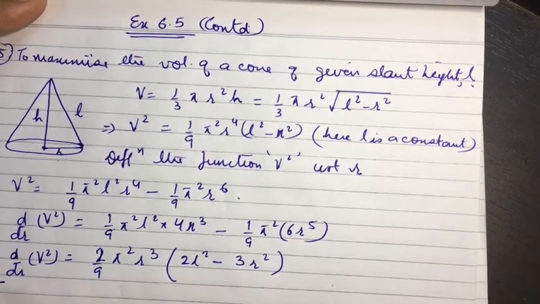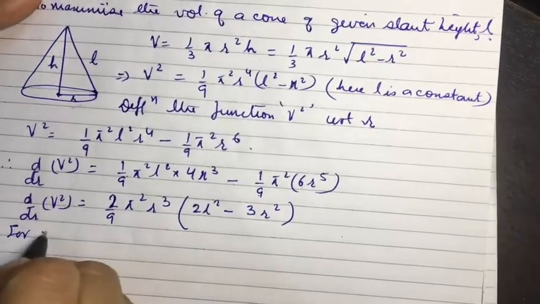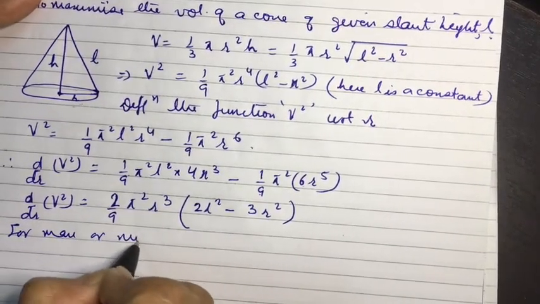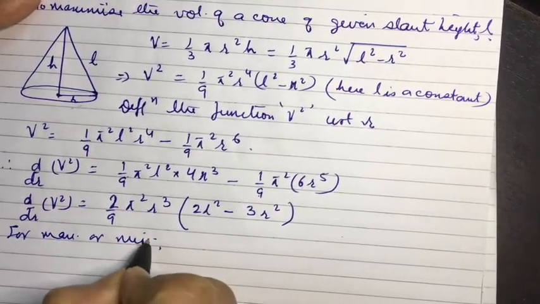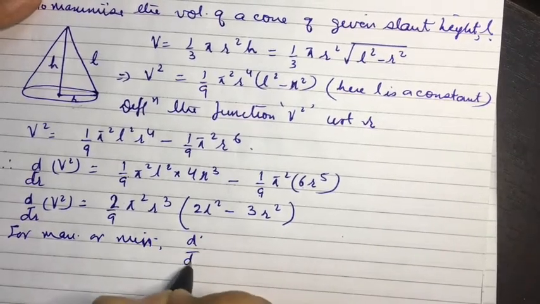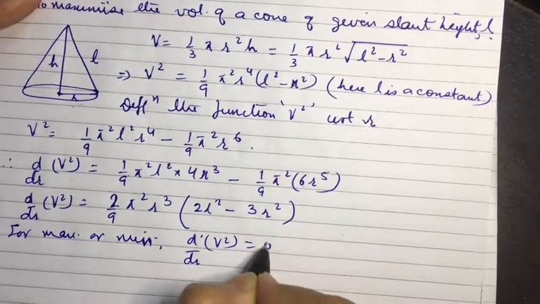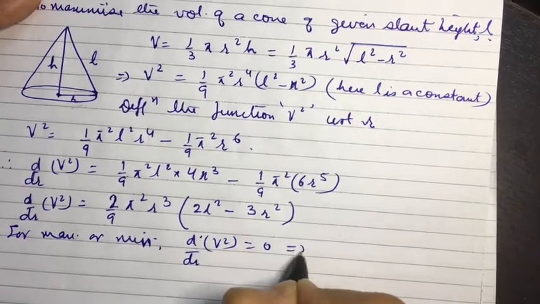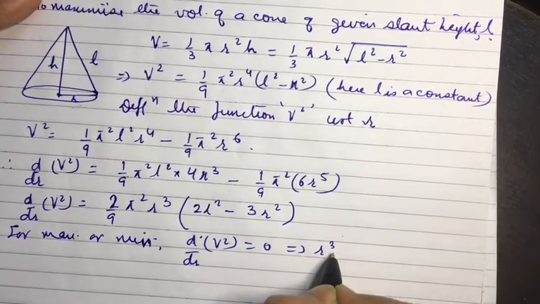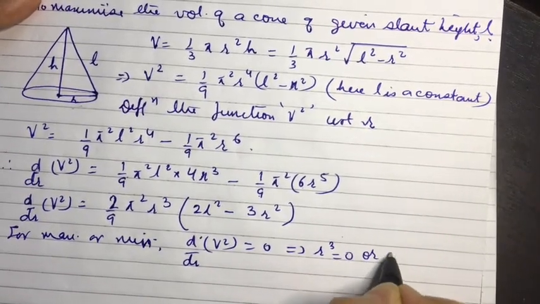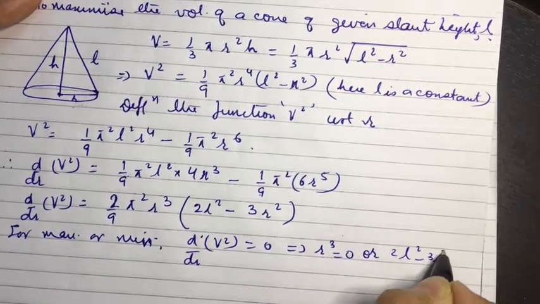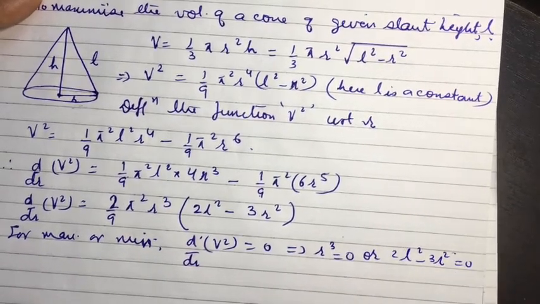Now for maxima or minima, we have to have d over dr of V square equal to 0. So it implies that r cube is equal to 0 or 2L square minus 3r square equal to 0.